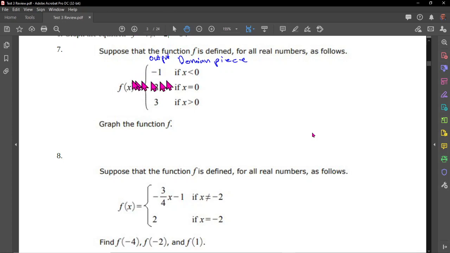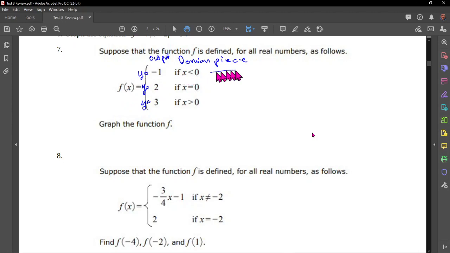And we want to think of these, since they're really all constants, as y equals -1, y equals 2, and y equals 3. Now y will be equal to -1 whenever x is less than 0. Usually we look at this piece first, as we read left to right, though sometimes we forget to do that.